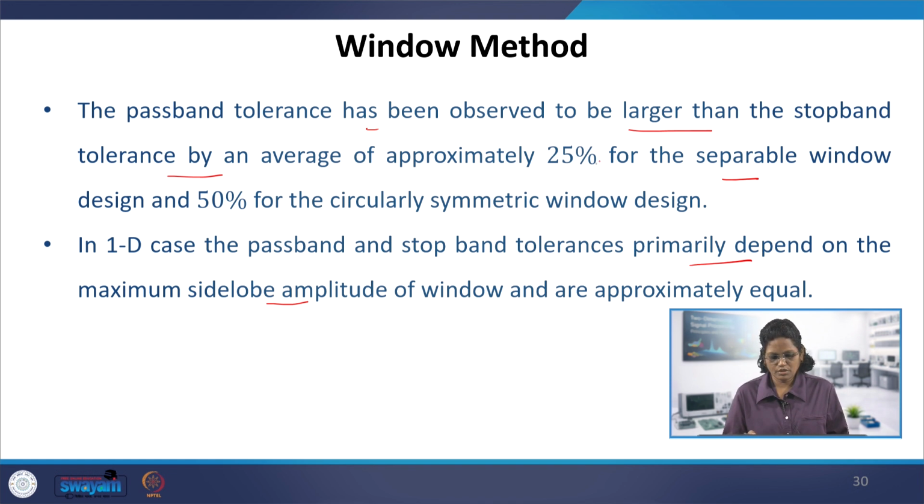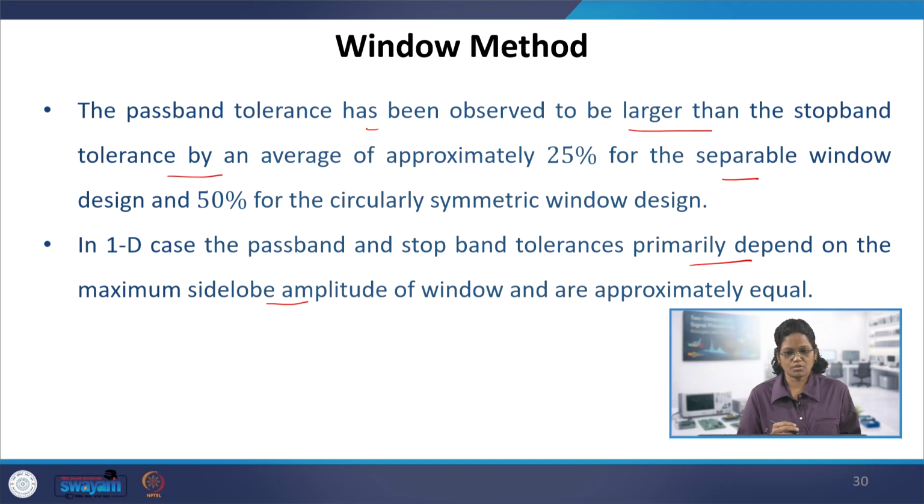So separable window is giving a little better response compared to the circularly symmetric in the design, but circularly symmetric will have the ripples all over, and the case of separable window will have the ripples at the center of omega 1 and omega 2 only.